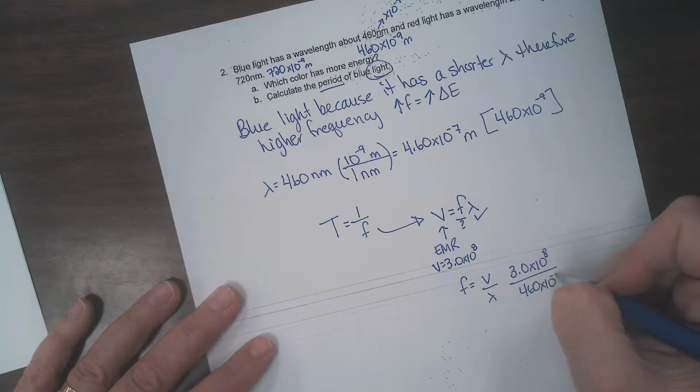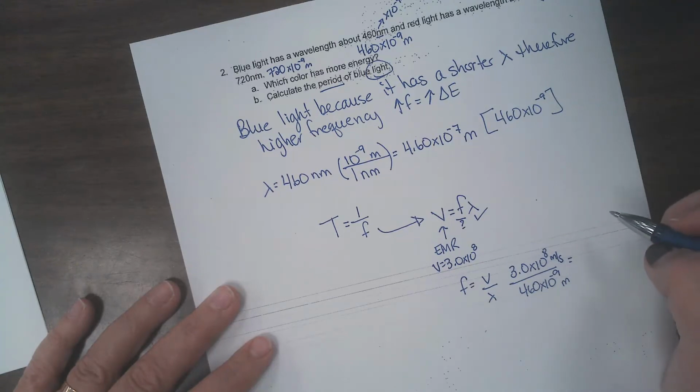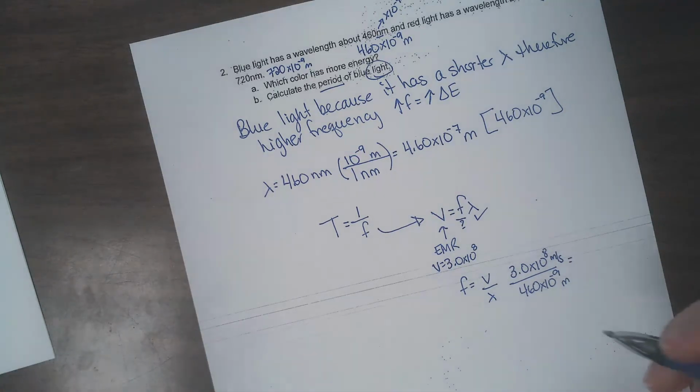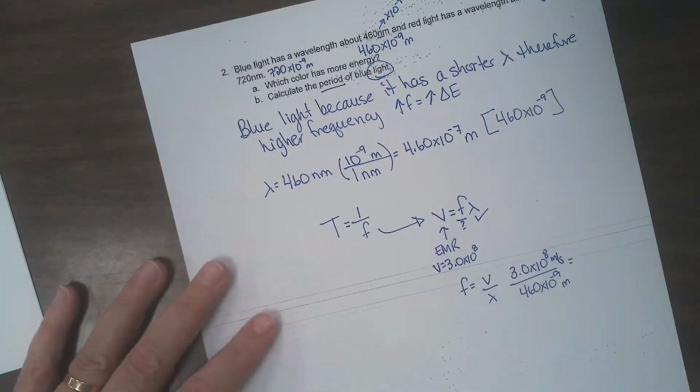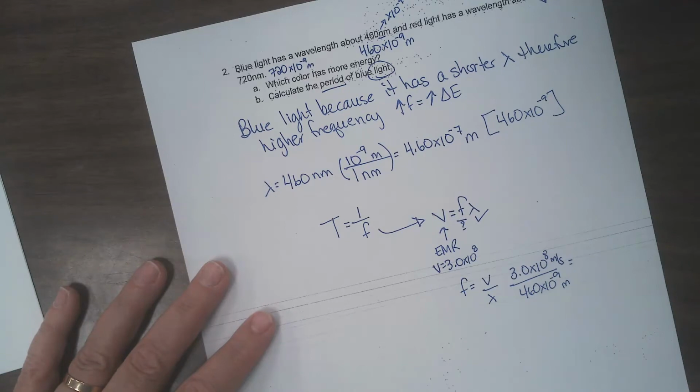So that's over 460 times 10 to the negative 9. And I need my calculator.